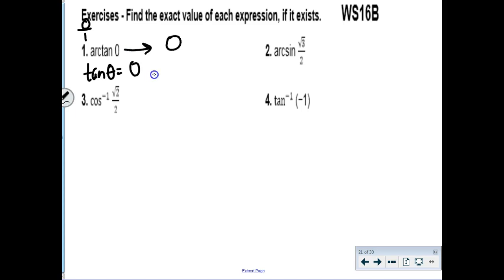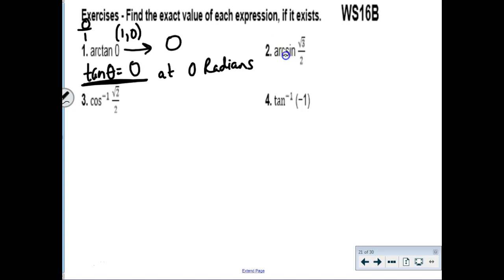Okay. So if you ask yourself, when is tangent equal to 0, that's at 0 radians. Remember, at 0 radians the ordered pair is 1 comma 0, so that would be 0 over 1, which is why tangent's 0. It would be really nice of me if I let you write all the tangent ratios on here, but I'm not going to, so please don't.